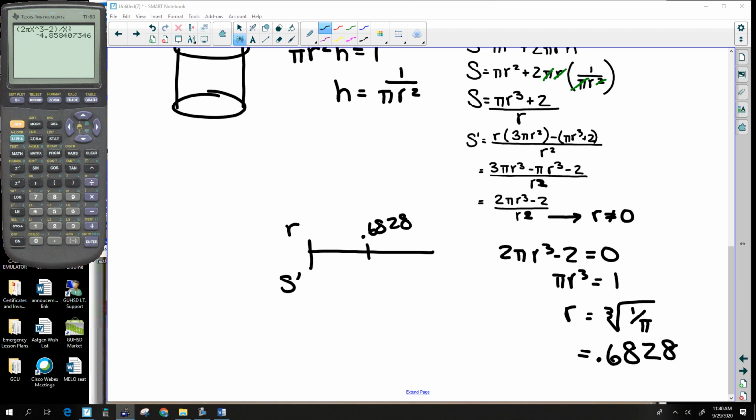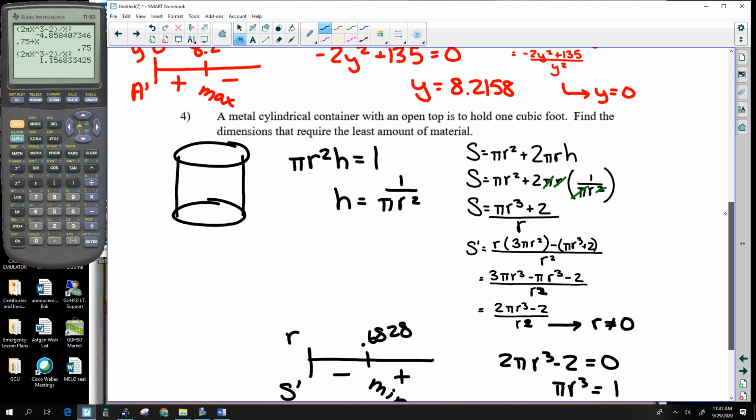So that's negative. And then above 0.68 is, let's go with like 0.75 or something like that. It's positive. And so that should be a minimum, which I think is what we're looking for.